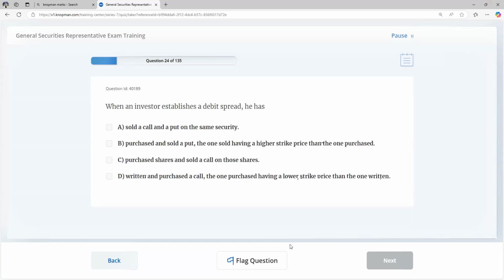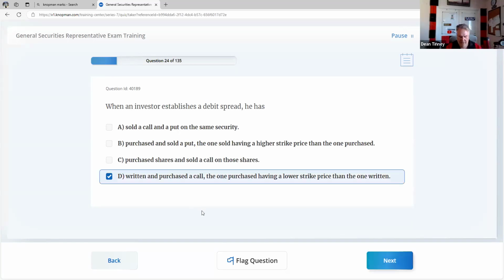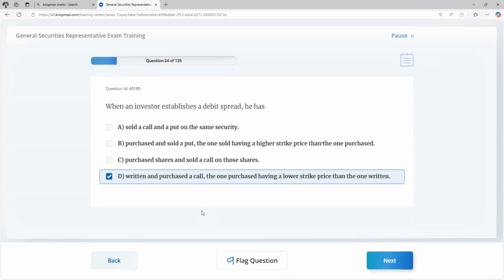The one purchased having a lower call, add to the lower, and it's a debit spread. Yeah, I feel like it's D. You're correct. Lower, higher, longer, lower, higher, longer. Lower strike call contracts always have greater premiums. This test is putting me through an emotional spiral.